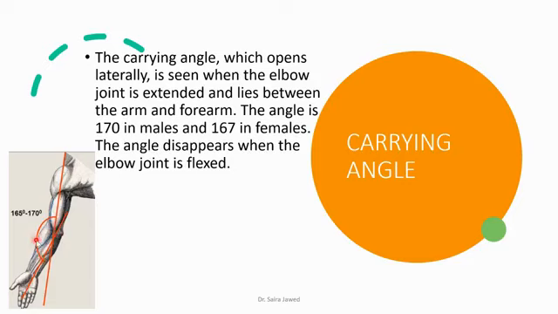In the extended form of the elbow joint, there is an angle between the long axis of the arm and the long axis of the forearm. This angle is 170 degrees in males, and a little lesser, 167 degrees in females.